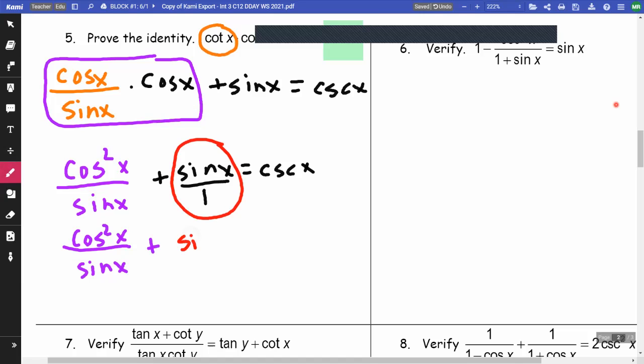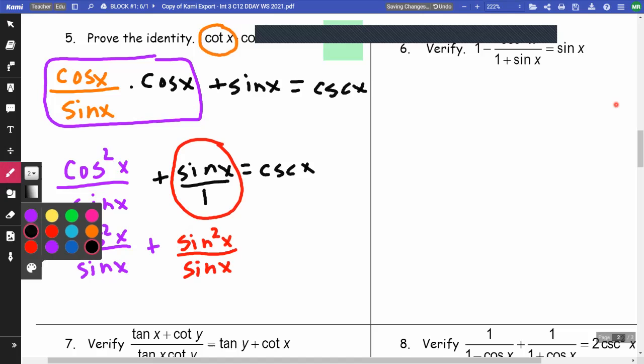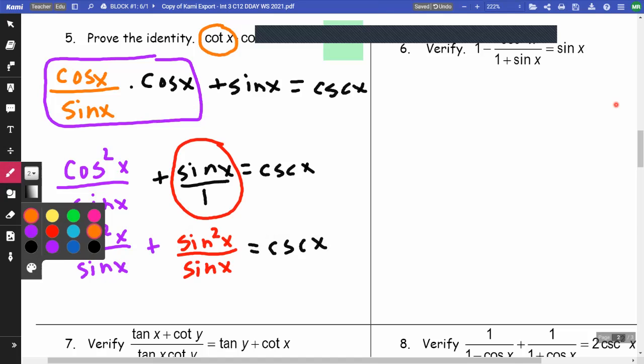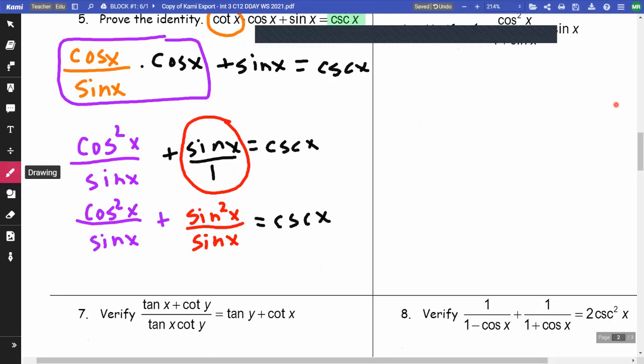So I'm going to get sine squared x on top. On bottom, I multiply it by sine x, I get sine x. Reason I did this was I was trying to get a common denominator. So now both of these are going to be over sine x. So I can write cosine squared x plus sine squared x over sine x.